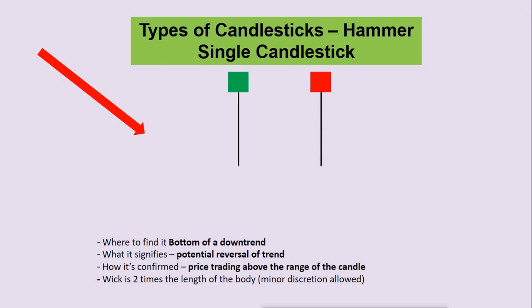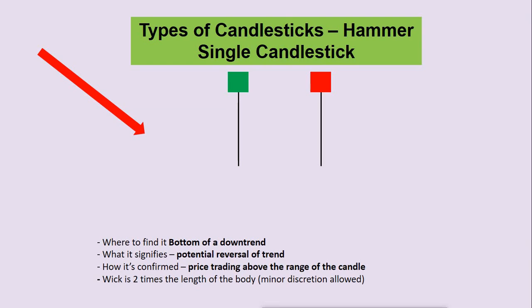Now, where do you find a hammer? A hammer must be looked for at the bottom of a downtrend. For example, a share has been going down maybe for the past 3 weeks. Then it reaches a point where you see a hammer forming. Then you know that this is a hammer that you need to pay attention to.